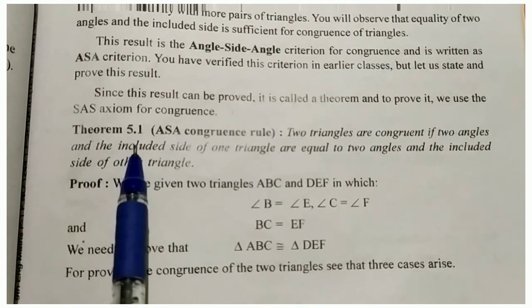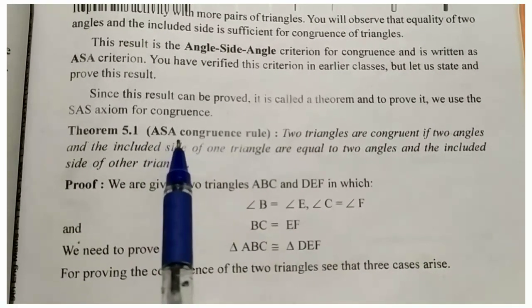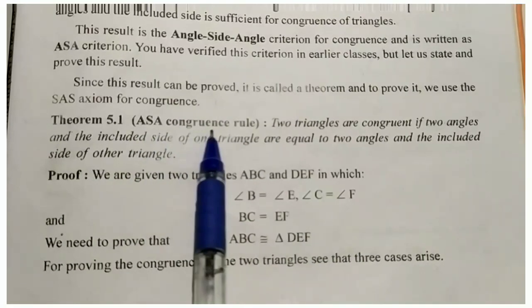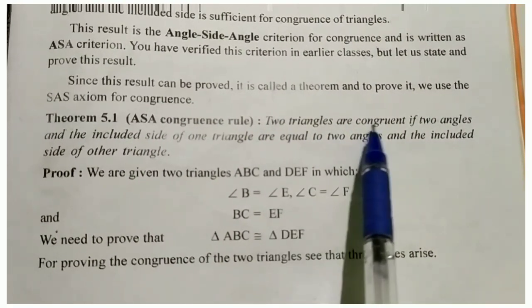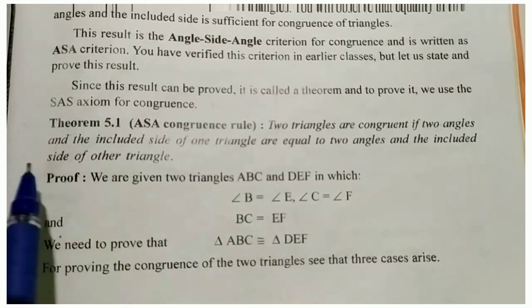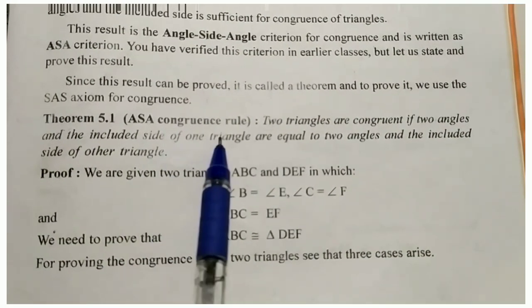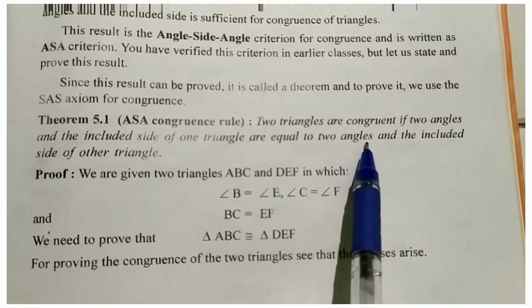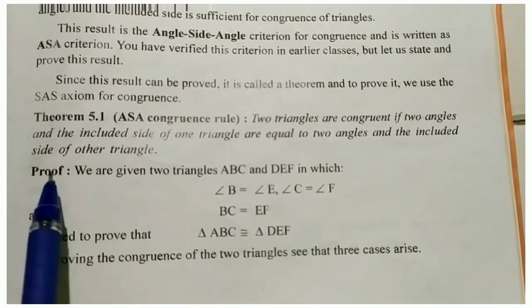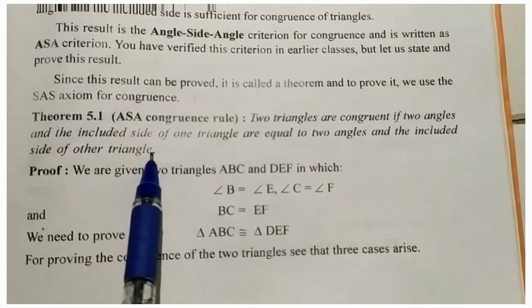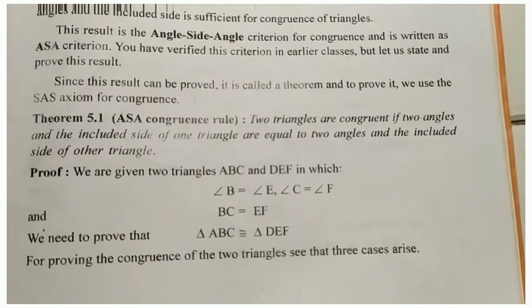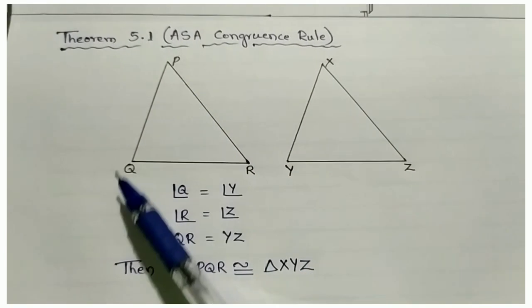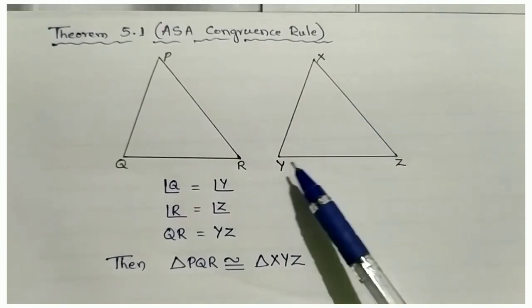Now theorem number 5.1, the ASA congruence rule, meaning angle side angle. 2 triangles are congruent if 2 angles and the included side of one triangle are equal to 2 angles and the included side of the other triangle. Here I am taking 2 triangles PQR and XYZ.